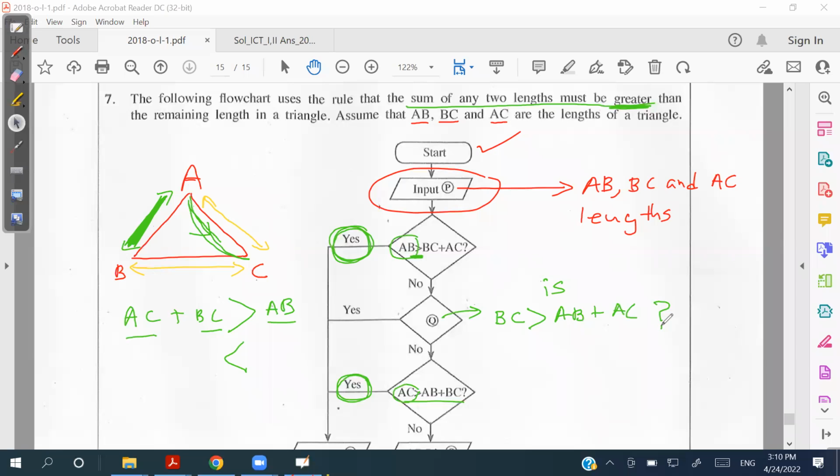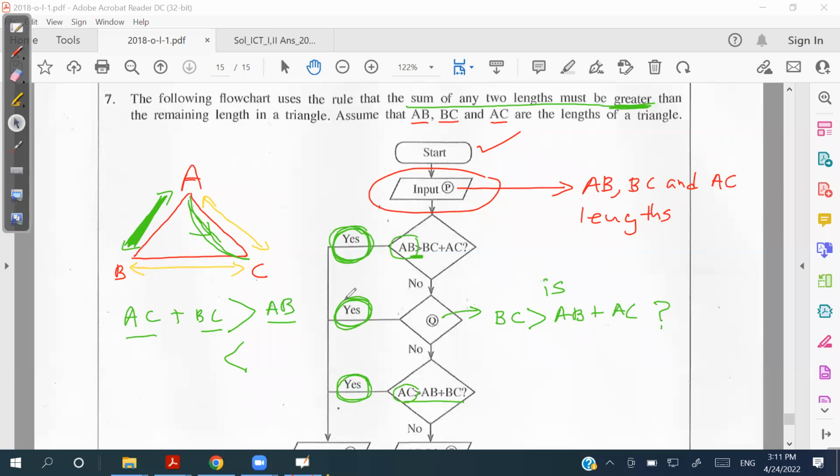So in all these cases, the yes path will lead you to say that you can't draw a triangle, or this particular set of lengths cannot be the lengths of a triangle, right?